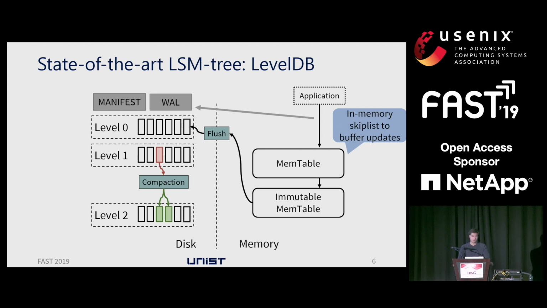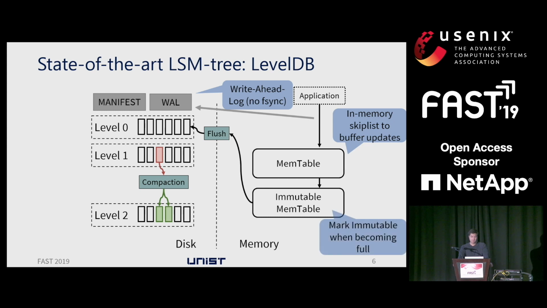But before inserting into the mem table, it first inserts into the write-ahead log. Please note that by default, it does not synchronize every write to the log. Therefore, if a crash occurs, some of the recent updates can be lost, so it doesn't have full consistency.